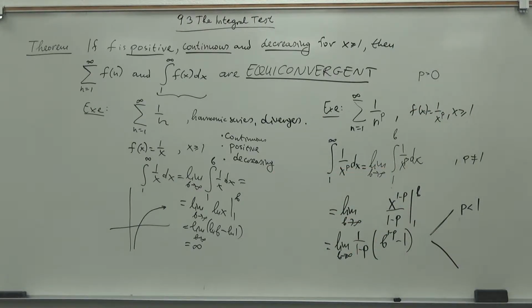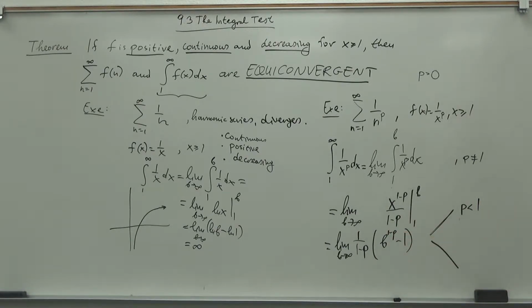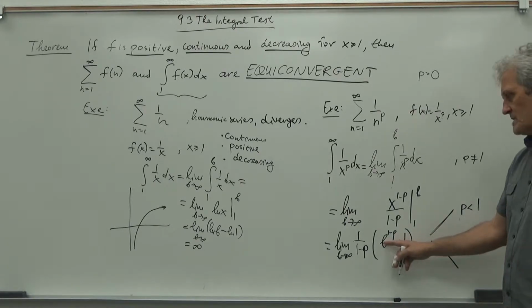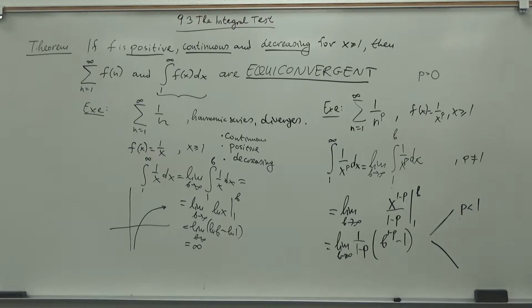If p is less than 1, then what happens? 1 minus p is a positive exponent. So we have b, a very huge number, to a positive exponent, so it will go to infinity. So it goes to infinity if p is less than 1.